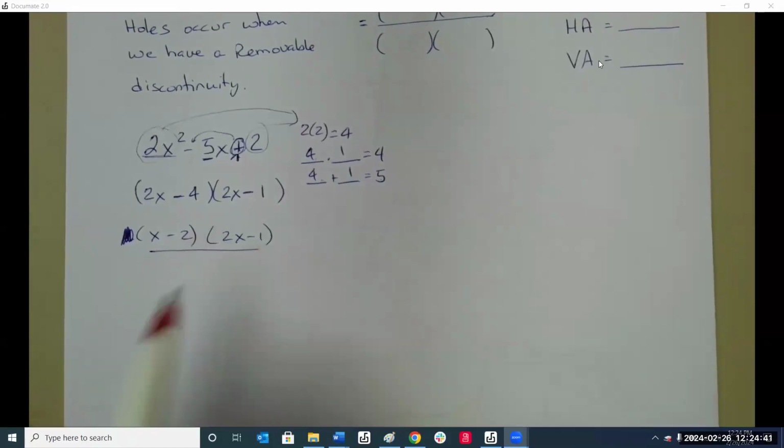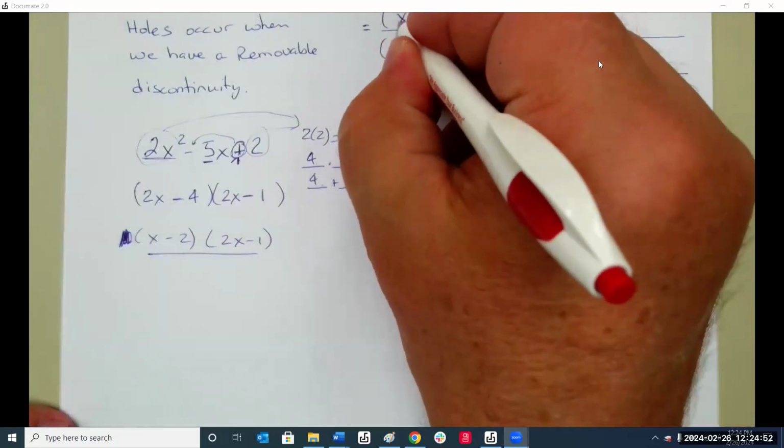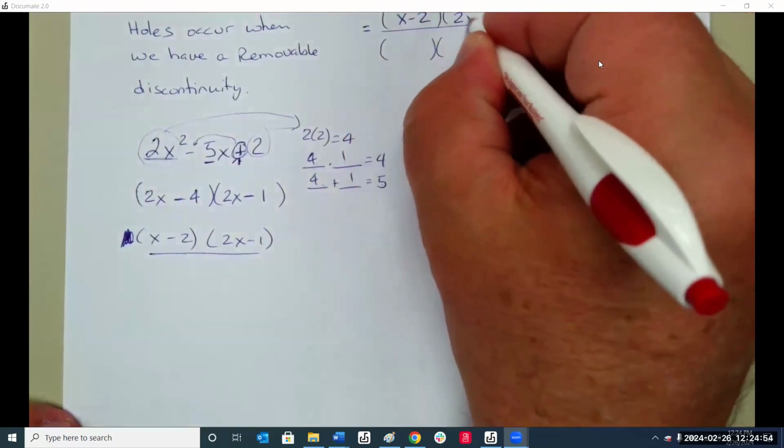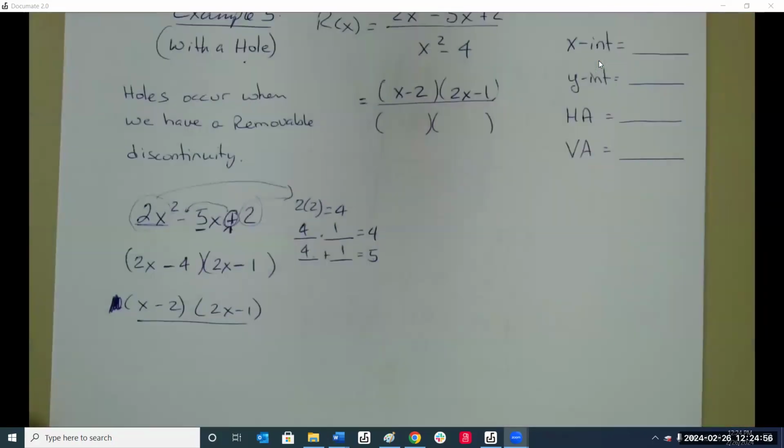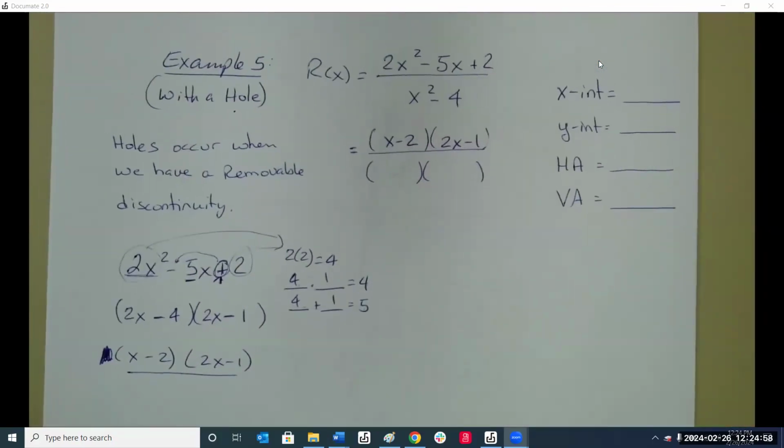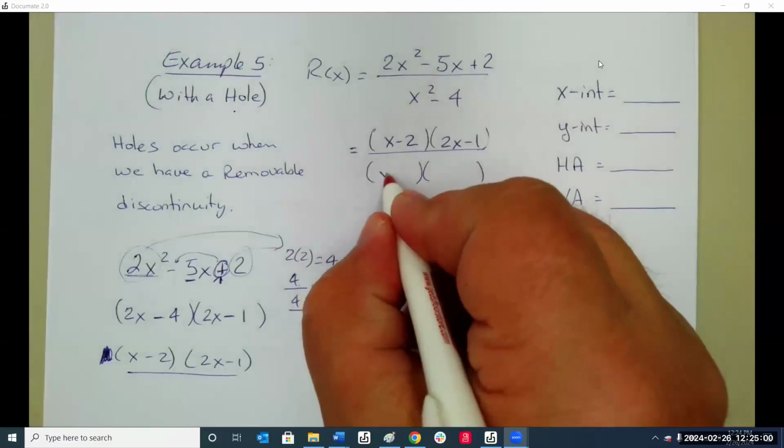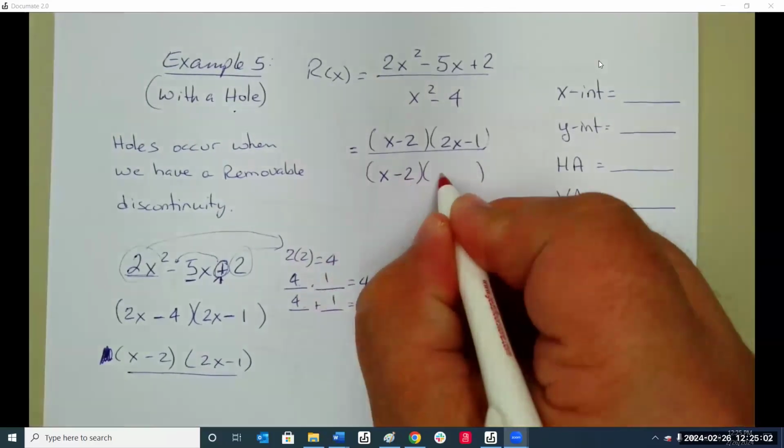That's our factored form right there. It always works. So we got x minus 2, 2x minus 1. And the bottom's the difference of 2 squares.